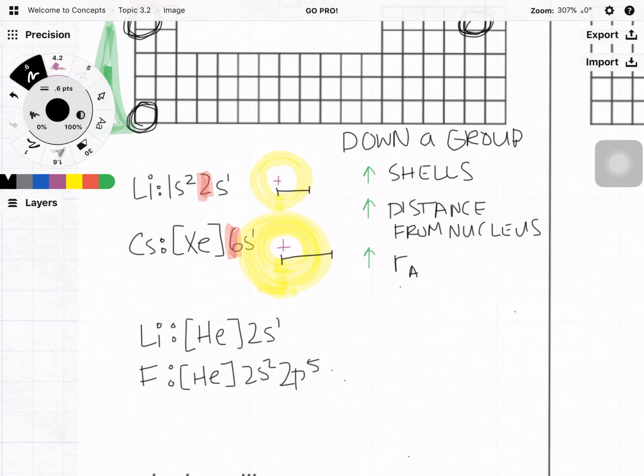Okay? Now there's some things that you need to notice. You should notice that the outermost electrons are all in the second energy level. So whether we're talking about lithium or fluorine, they're all in the second energy level. So there's no difference in the number of occupied shells. Okay, let's write that down.